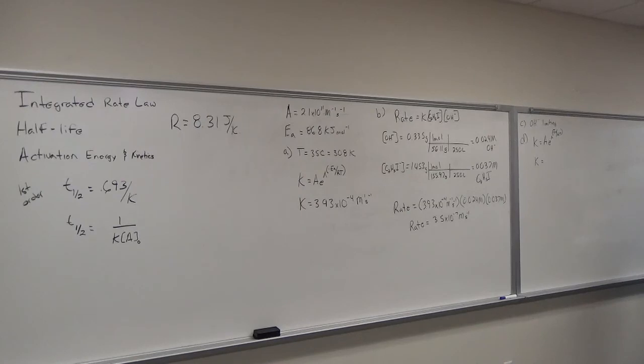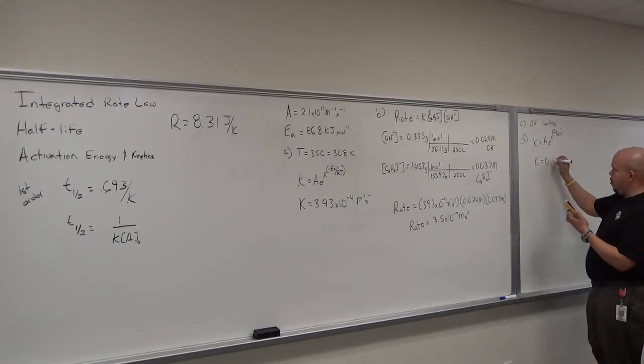So 2.1 E to the 11 times E raised to the negative 86.8 divided by 8.31 E to the negative 3 times 50 Celsius, which is 323.